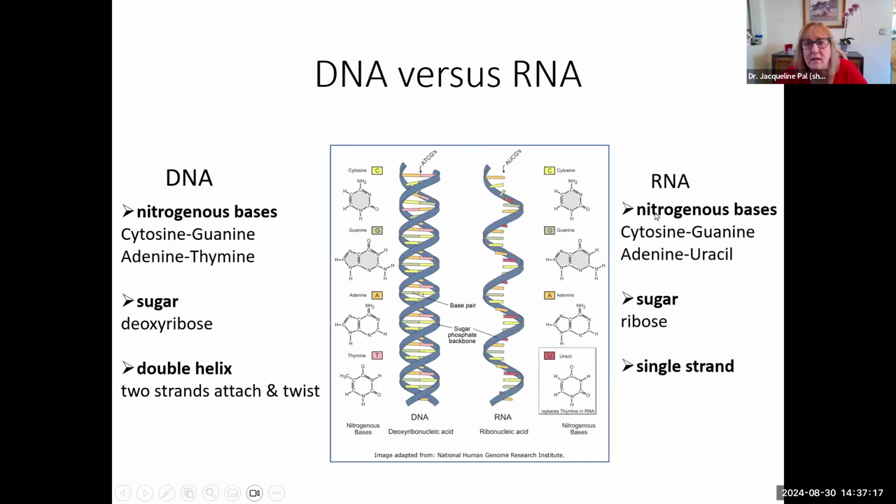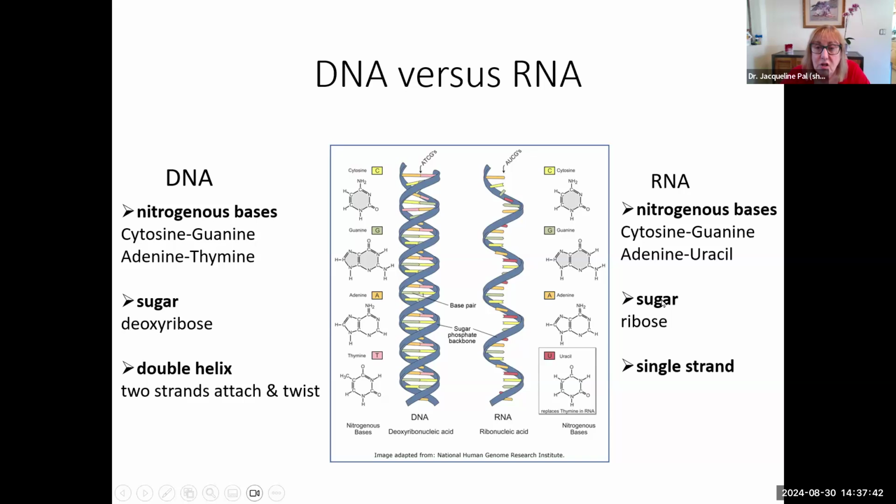In contrast, in RNA, cytosine still attaches to guanine, but now adenine attaches to uracil instead of thymine. Uracil is very similar to thymine, except that this part is a little bit different.